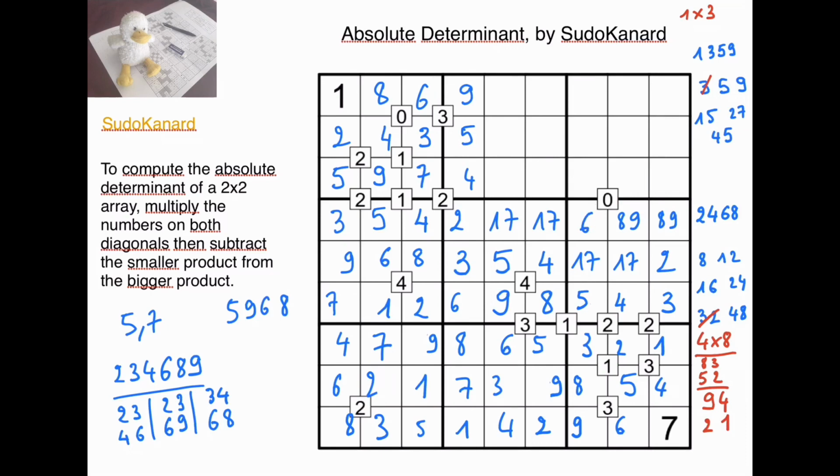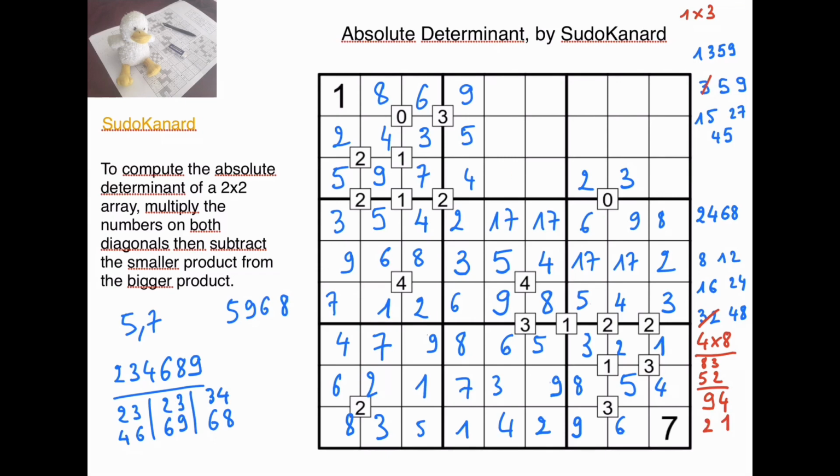So no repetition here. But what are the digits available? 1, 7, well, 7 or 1 wouldn't work here. And the other ones are 2 and 4. So, 4 is not available either, so that's a 2. And the only possibility is to have 3 here and 9 there.